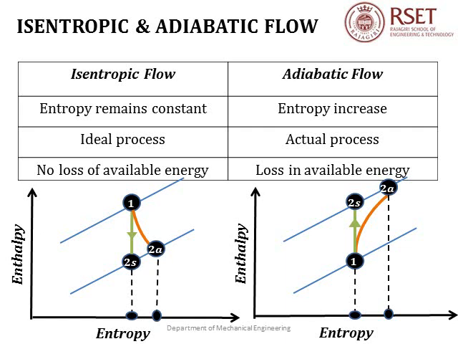So process 1 to 2s represents an isentropic flow and 1 to 2a represents an adiabatic flow. We see that the change in enthalpy for isentropic process is greater than the change in enthalpy for adiabatic process. This difference results in loss of available energy and is manifested as increase in entropy of the working fluid.